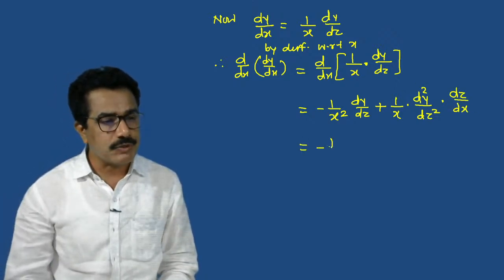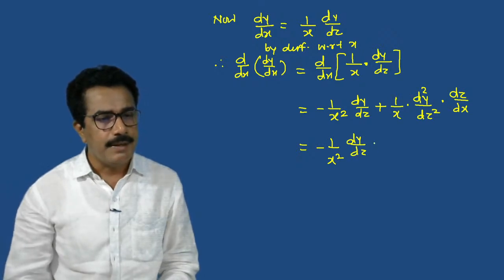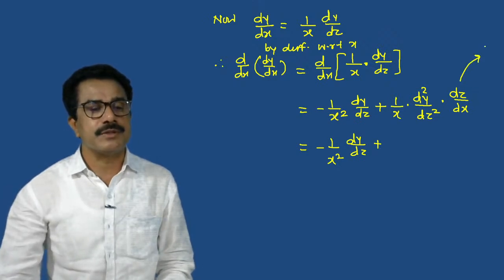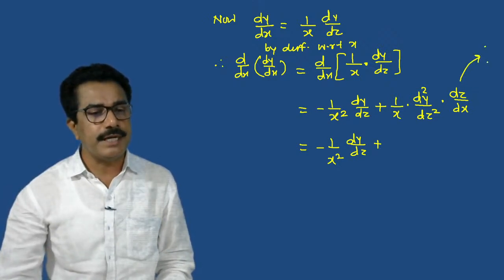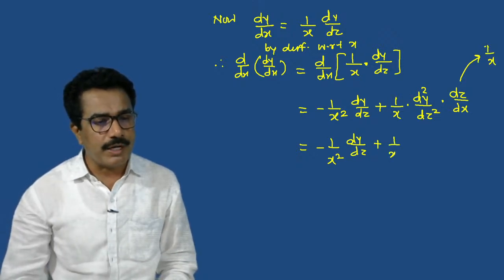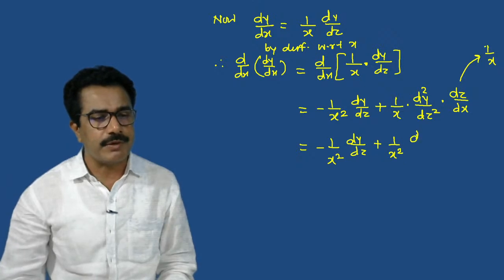That means minus 1 upon x square into dy by dz plus, you know that dz by dx means 1 upon x, so 1 upon x into 1 upon x means 1 upon x square into d2y by dz square.